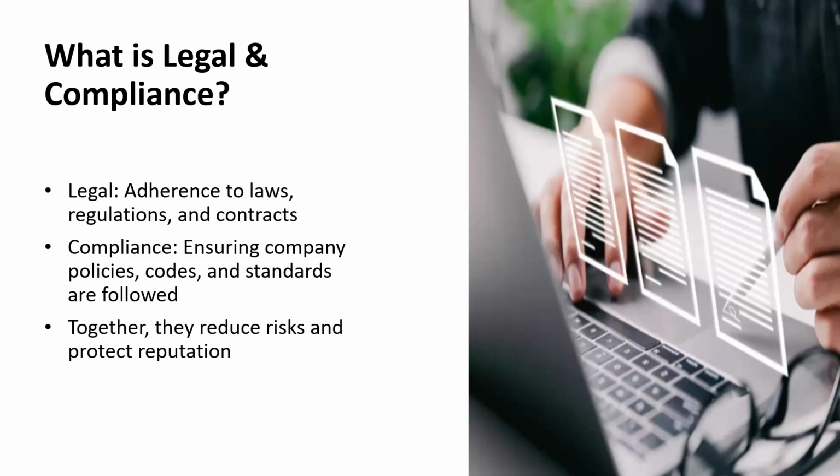So while these two are related and often work together, legal focuses on protecting the company's interests and handling disputes, whereas compliance is an independent function focused on adhering to rules and, if necessary, reporting violations to the appropriate authorities. So please, can we go to the next slide?